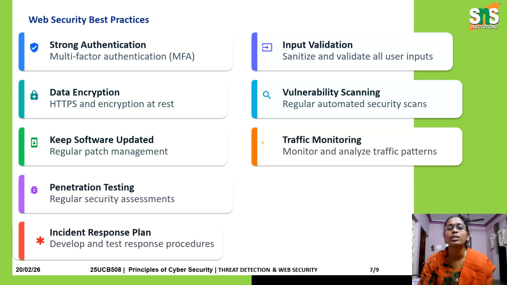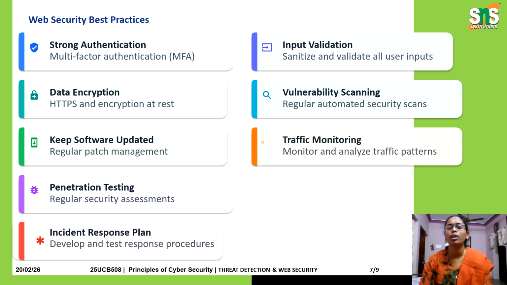Input validation: sanitize and validate all user inputs. Even if the password is right and the author is right, we have to test whether they are validated for accessing the private data we stored. Then the next one is vulnerability scanning.